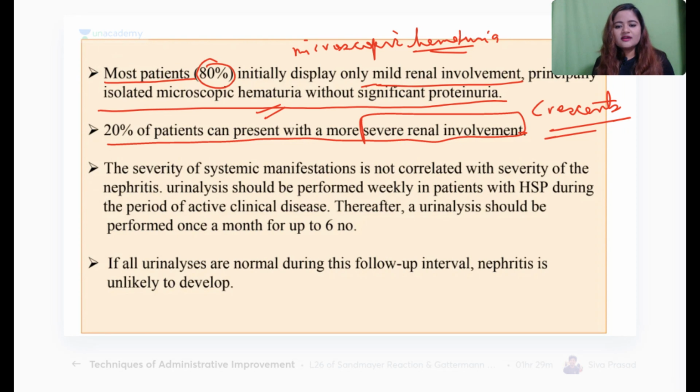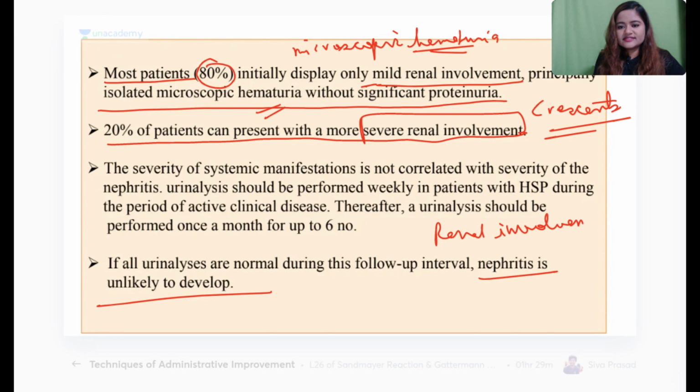If all urine analyses are normal during the follow-up, then nephritis will not develop in this patient. So it is very important to know how severe the renal involvement is. Renal involvement and the formation of crescents are the most important things to detect the severity of HSP.